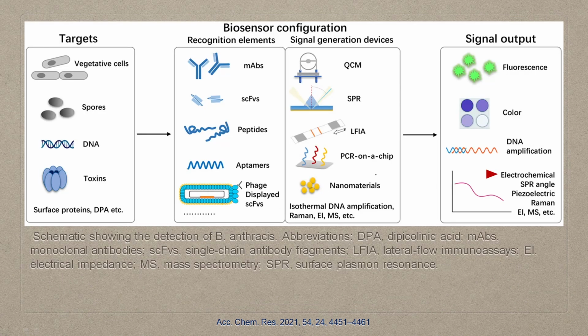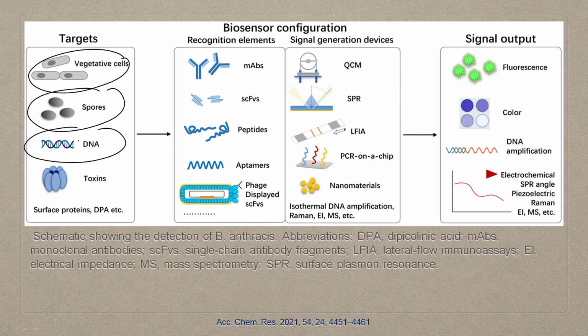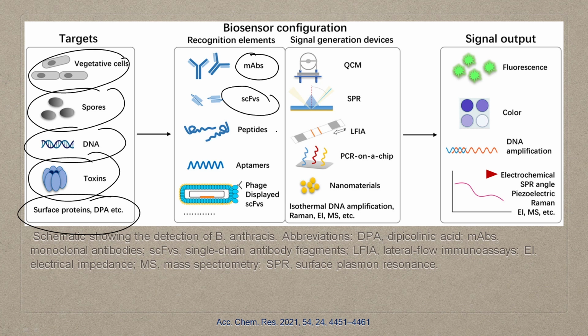So, now let us go a little bit more into that. When we talk about the targets, we have the vegetative cells, we have the spores, we have the DNA, we have the toxins and the surface proteins and DPA, etc. So, the recognition elements of these are, as I talked about, monoclonal antibodies, then the fragments of the antibodies, then you have the peptides, you have the aptamers, and you have the phage display.